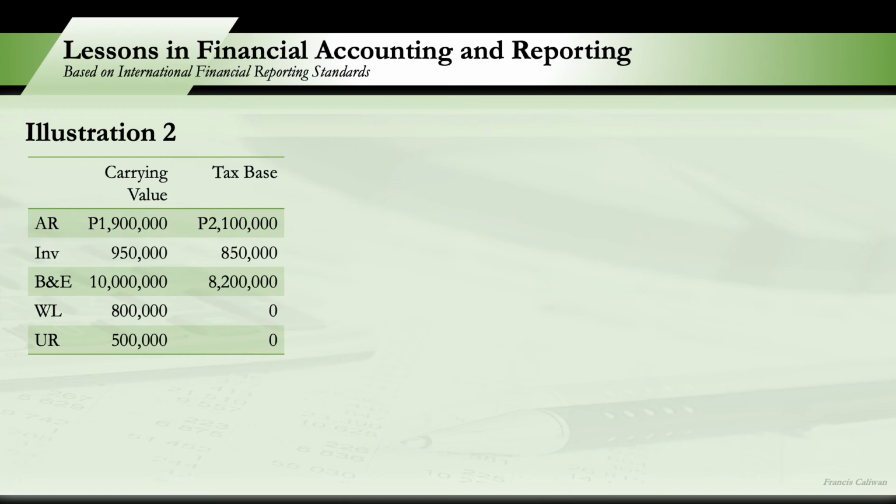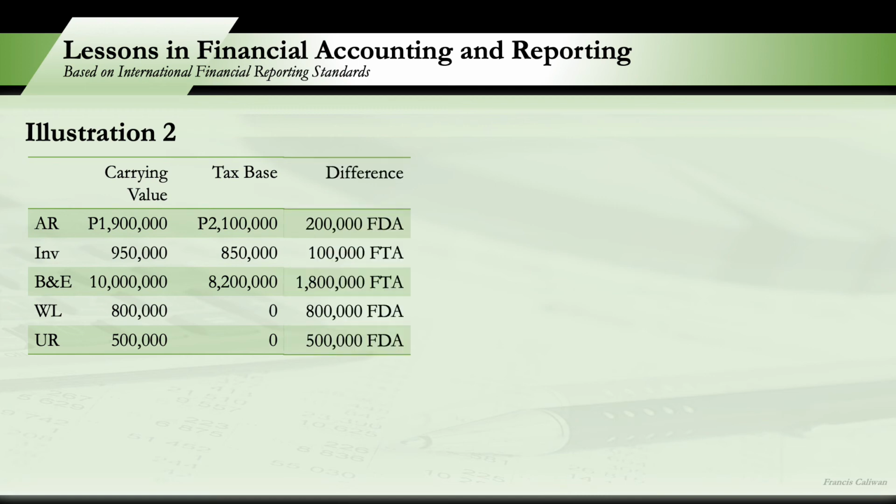The difference of 1.8 million is future taxable. Warranty liability, carrying value is 800, tax base is nil or zero, so the 800,000 difference is future deductible. Same with unearned rent, 500,000 carrying value, tax base is zero, so another 500,000 future deductible.